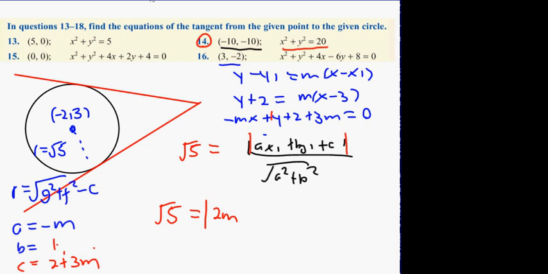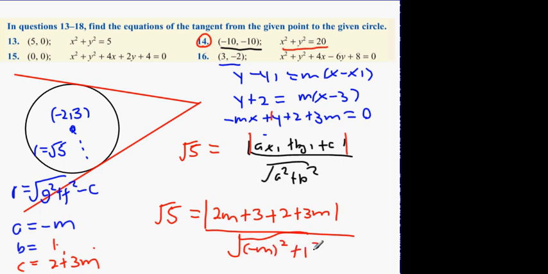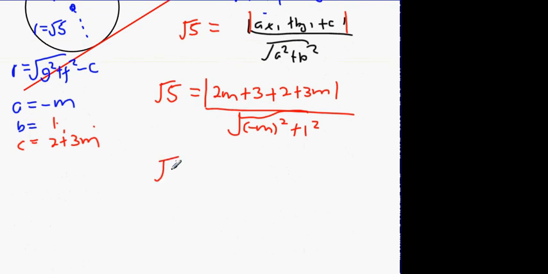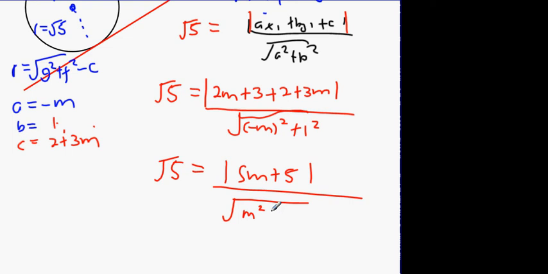B times 3, plus 3, and C being 2 plus 3m, all over the square root of a squared plus b, minus m squared plus 1 squared. Scroll down. Root 5 equals 5m plus 5, yeah? All over the square root of m squared plus 1. Square both sides.